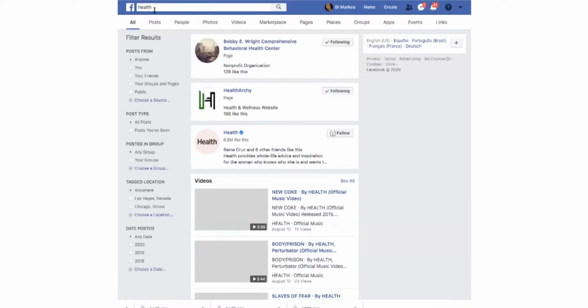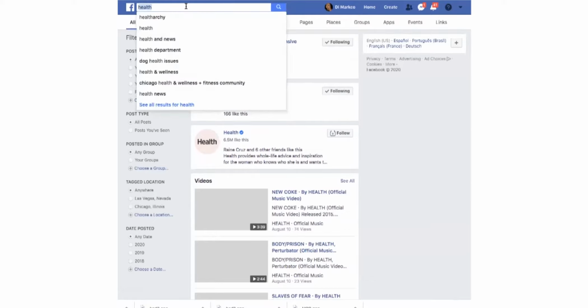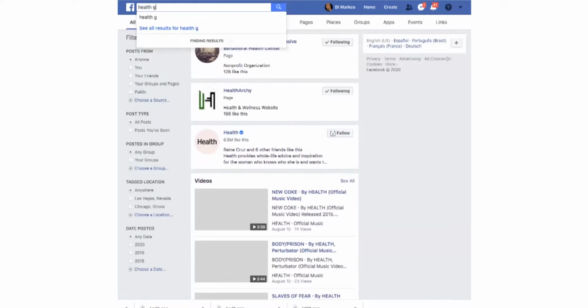When you type in health, notice that you get a few groups, a few videos, but where are the groups? This is what most people ideally do: they type in the group they're looking for. They might even type health groups. Let's see what happens when you do that, so you're not bumping your head into a brick wall.